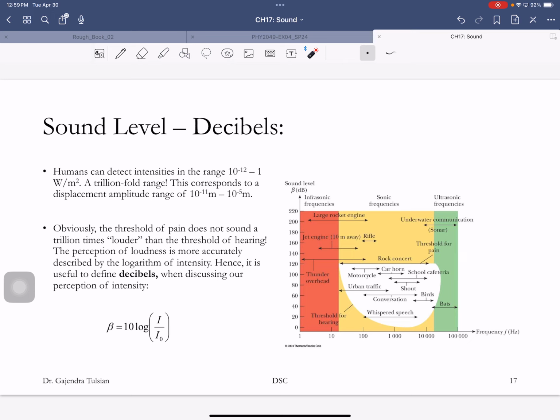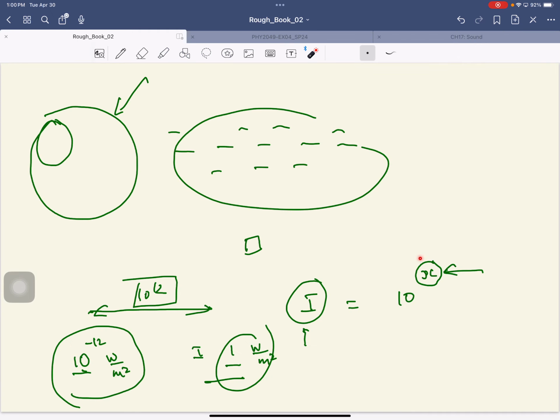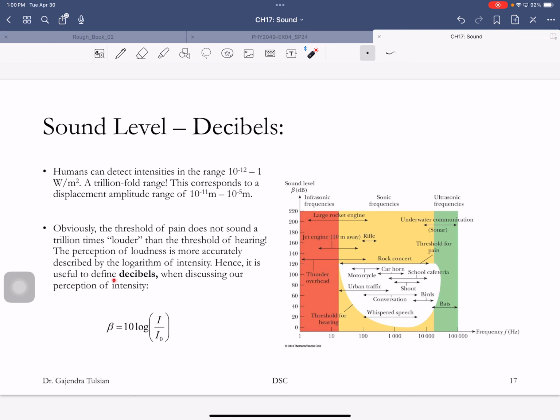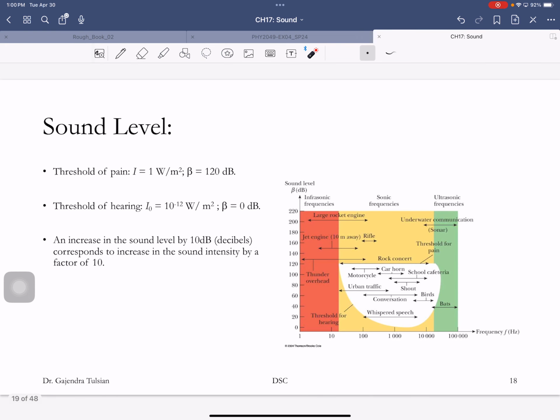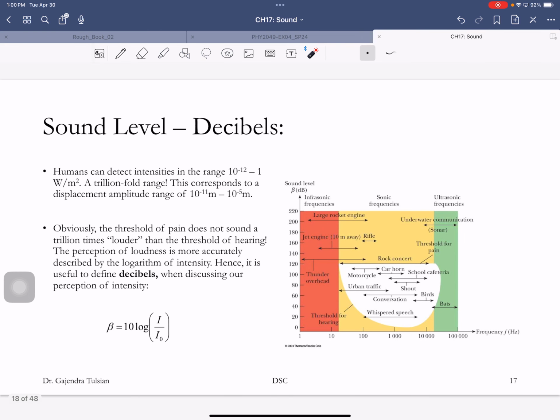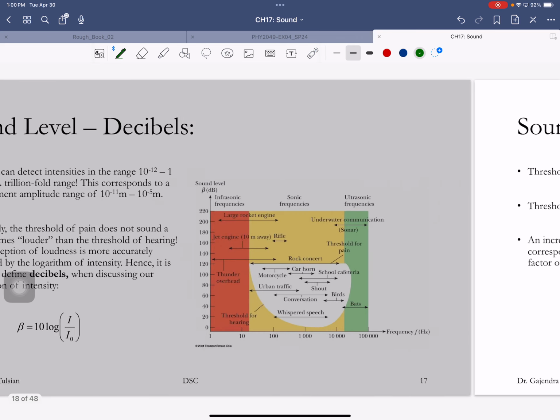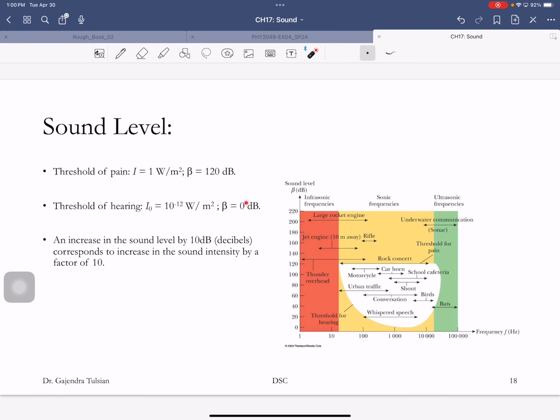The perception of loudness is more accurately described by the logarithm of the intensity, that is, it depends more on the exponent of the intensity. Hence, it is useful to define decibels. If you put I naught here, that's 1. Log of 1 is 0. So the threshold of hearing is 0 decibels.